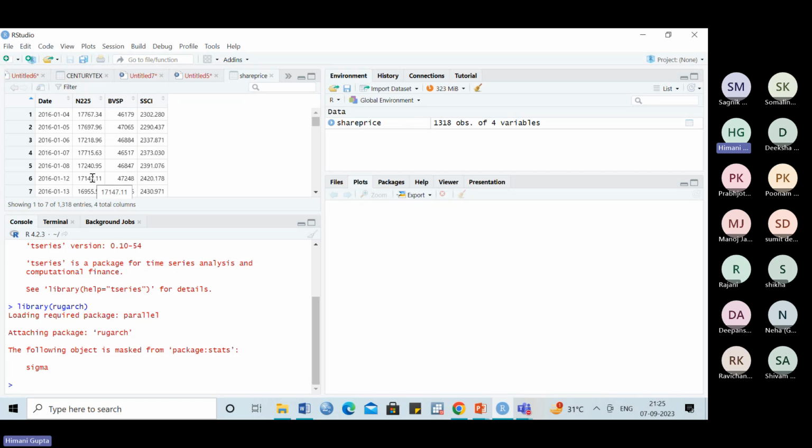And in asymmetric, I am calculating for EGARCH, GJR-GARCH, mean GARCH, PGARCH, power GARCH. So I am calculating all these types of GARCH, and then I am comparing which GARCH model is the best fit for calculating the volatility of N2 to 5. So there are different ways you can use your ARCH and GARCH model.